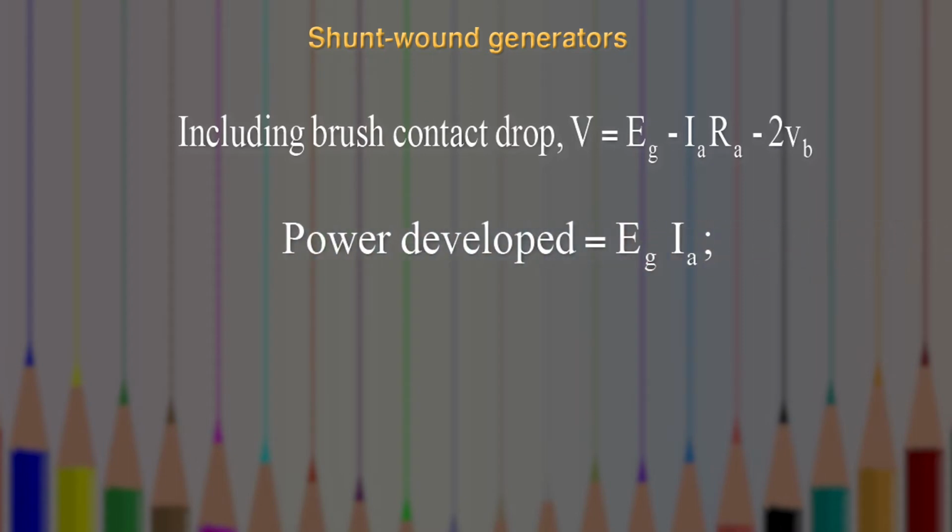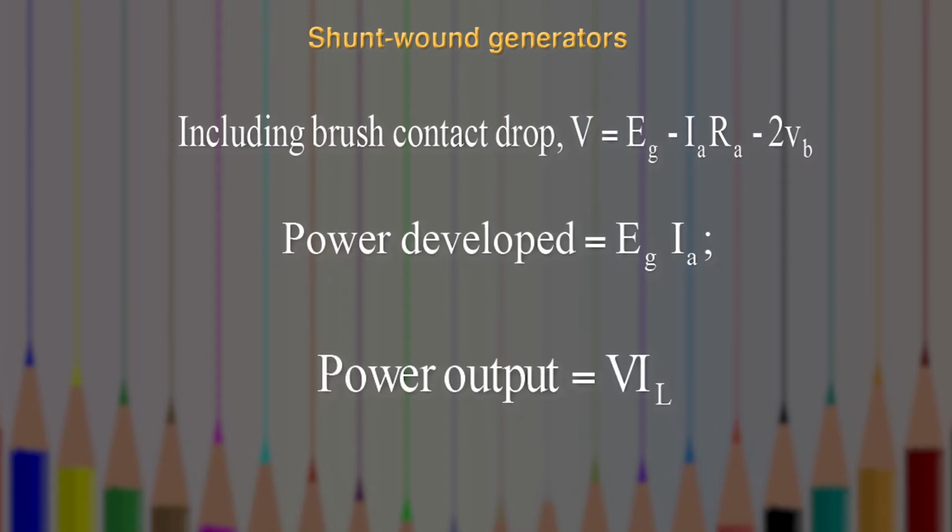So what is the power developed through this shunt wound generator? Power developed is equal to EG into IA, and power output across load, which is connected between terminals C and D, is equal to V into IL, where IL is the load current and V is the terminal voltage across load.